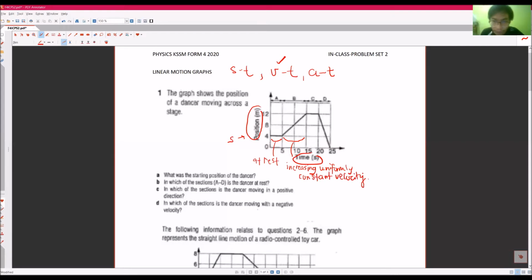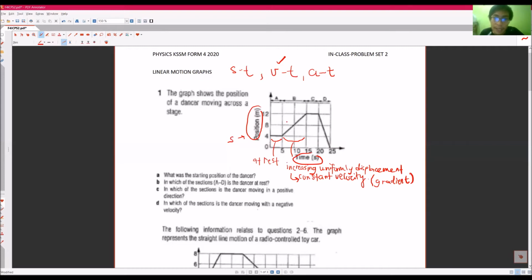So the position, the displacement, is increasing uniformly. That means it's constant velocity. How do we know that it's a constant velocity and not another type of velocity? Because it's represented by the gradient of the displacement time graph.